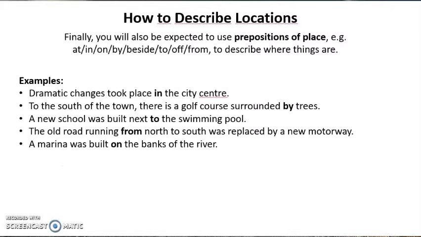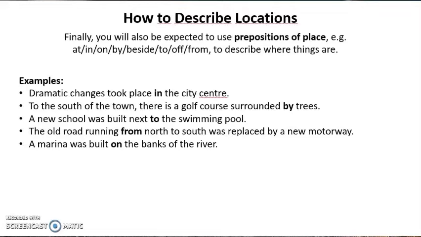Now let's talk about other ways to talk about locations. Finally, you'll also be expected to use prepositions of place: at, in, on, by, beside, to, of, from, to describe where things are. For example, dramatic changes took place in the city center.